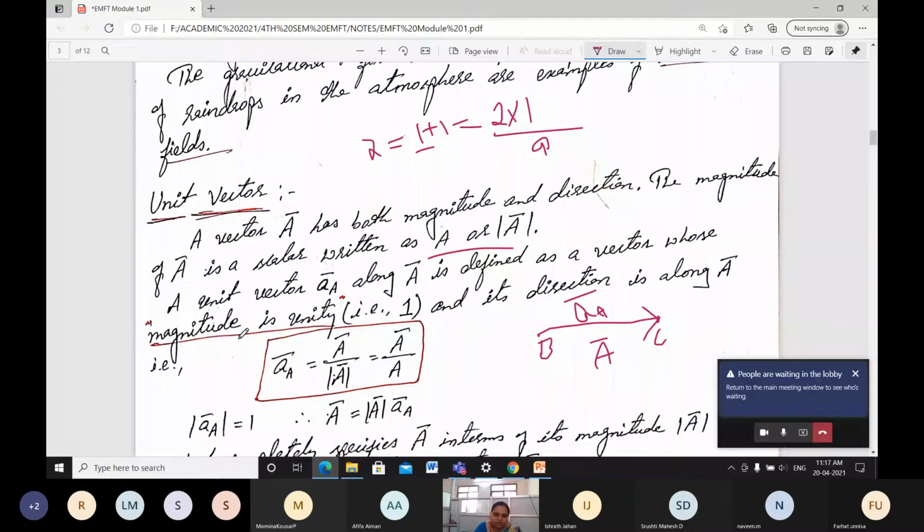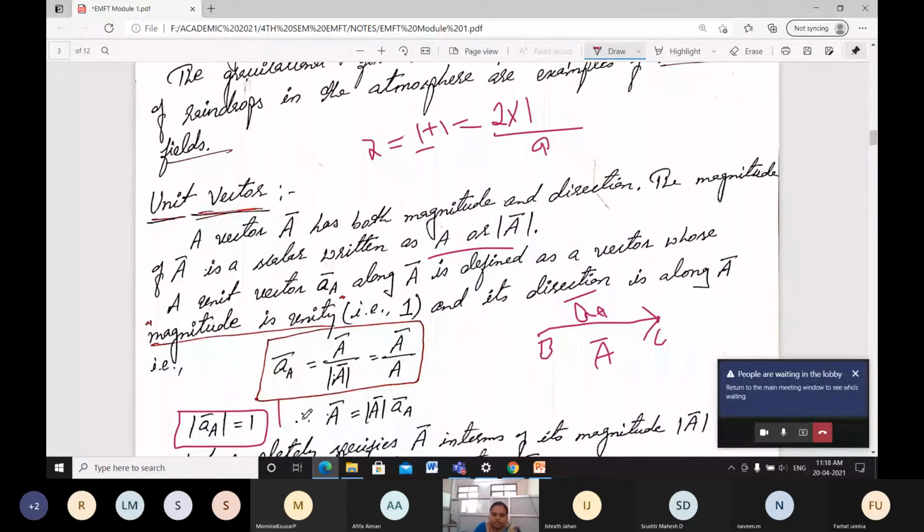How is it represented? Capital A whole bar equals a bar divided by mod of a bar, which is nothing but our scalar quantity, that is, a bar divided by a. Then this indicates what we mean by a unit vector: mod of capital A bar should be equal to 1. Don't confuse here, it's a separate point.